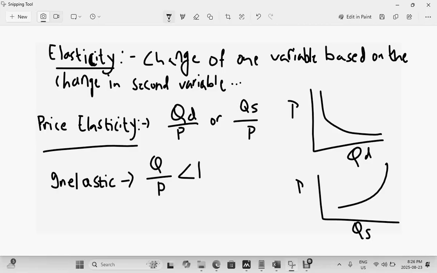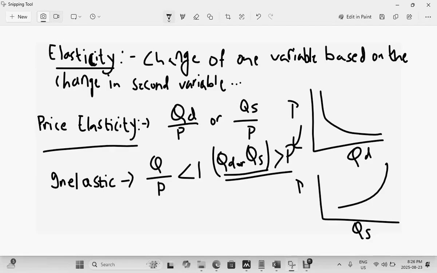Which basically means that the change in quantity, either demanded or supplied, is less than the change in price.